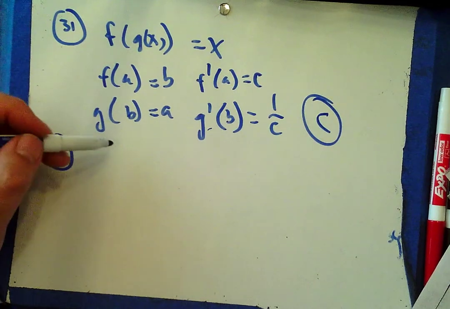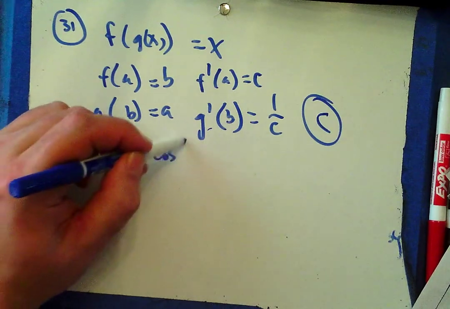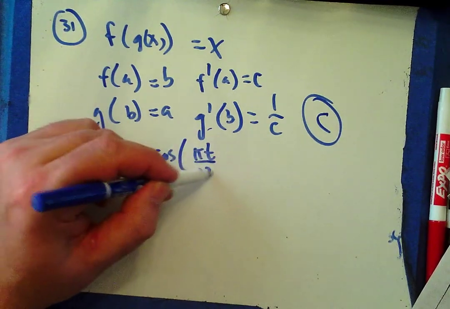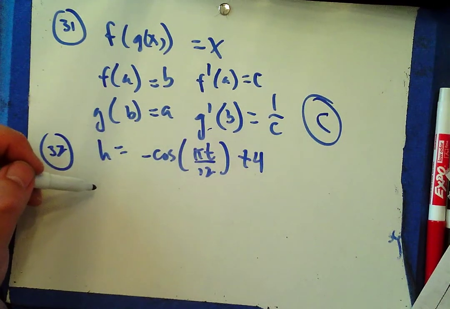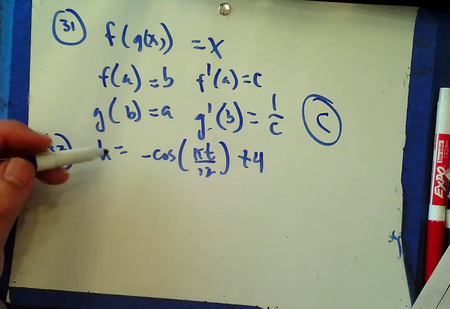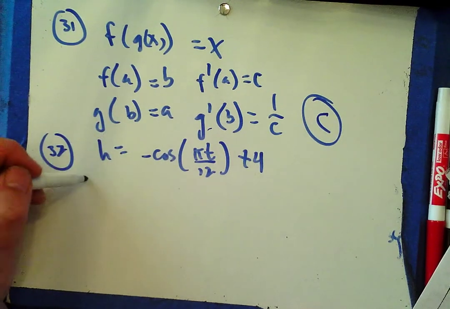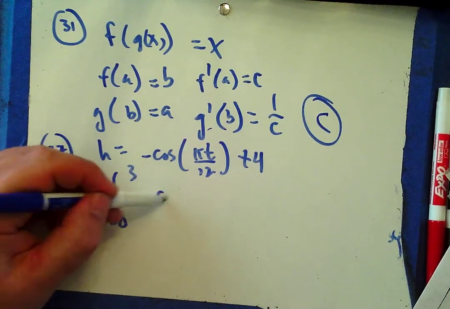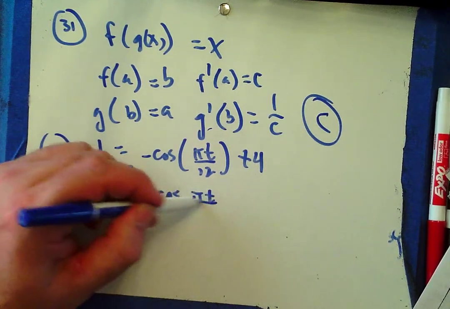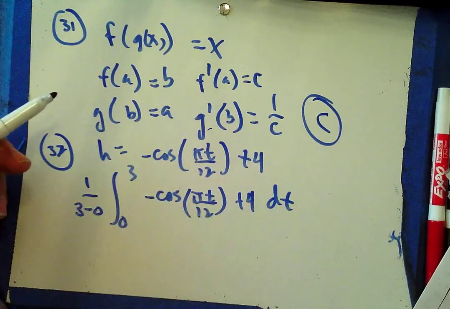32 says depth of the water h is negative cosine pi t over 12 plus 4. And what do we want to know? The average depth of the water. So I want the average value of this function from noon to 3, 0 to 3, negative cosine pi t over 12 plus 4 dt.